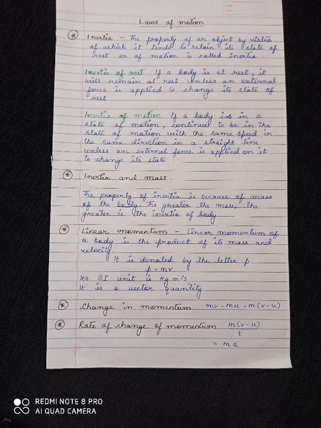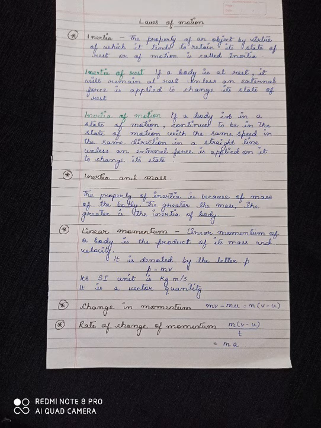Next term is linear momentum. Now suppose two bodies of different masses are moving. The force required to stop the body which is heavier will be more than the force required to stop the body which is lighter. Same way, if two bodies of the same mass are moving but with different velocities, the body moving with larger velocity will require larger force to stop.